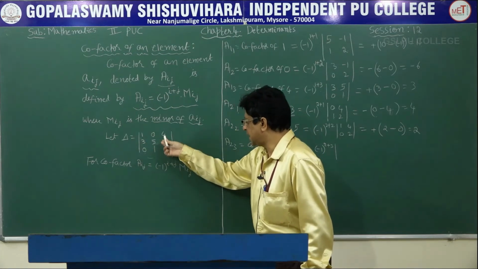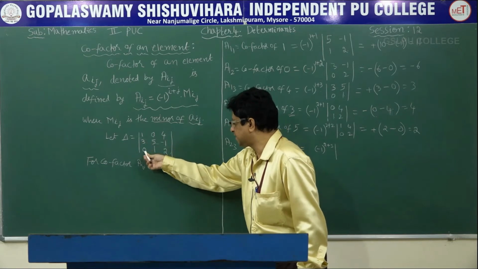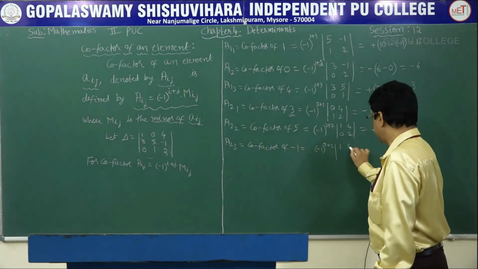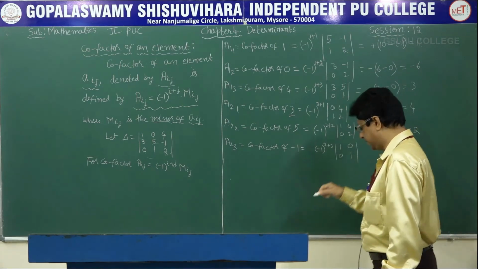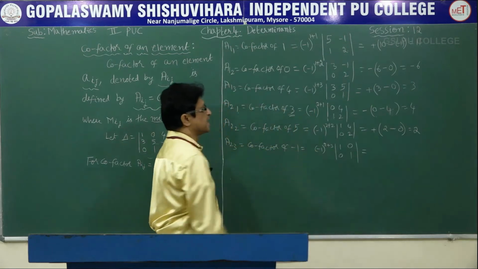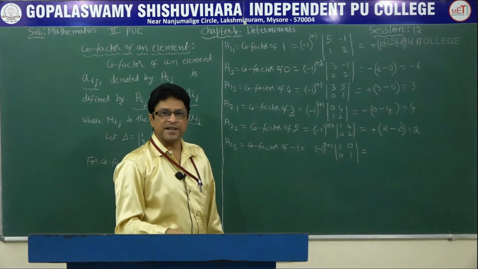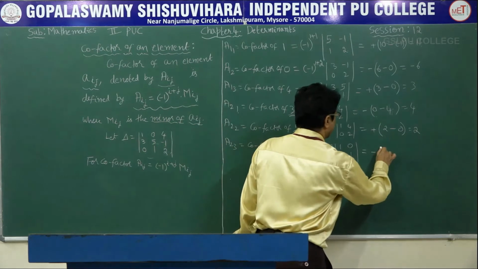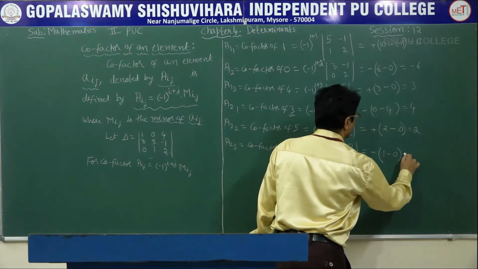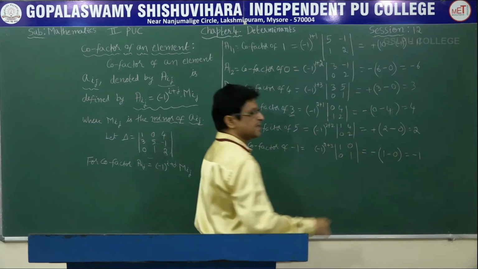I eliminate the second row and third column and take the determinant of the remaining elements, that is [1, 0; 0, 1]. 2 plus 3 is 5, so (-1) to the power of 5 is -1, that is minus of (1 into 1, 1 minus 0), which is equal to -1.